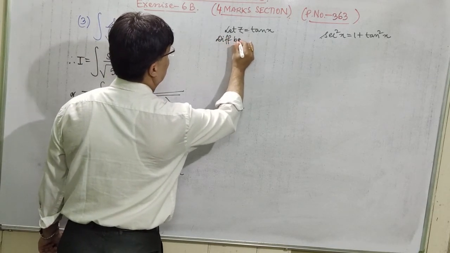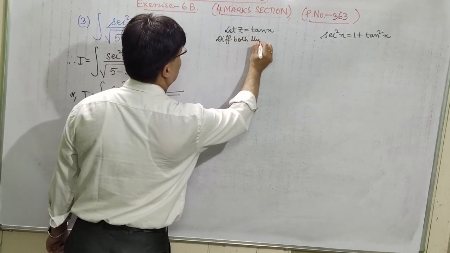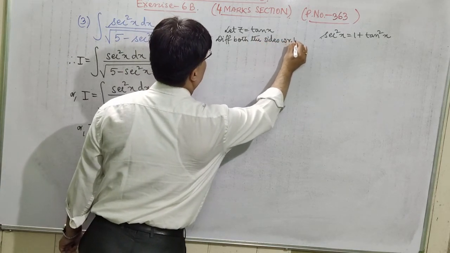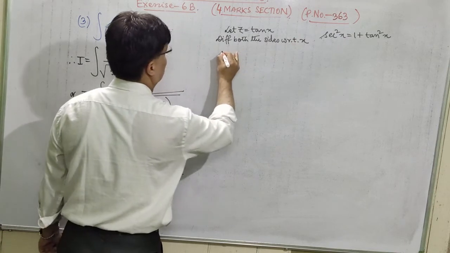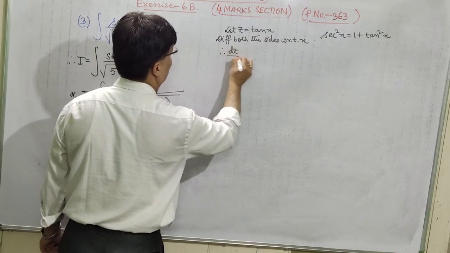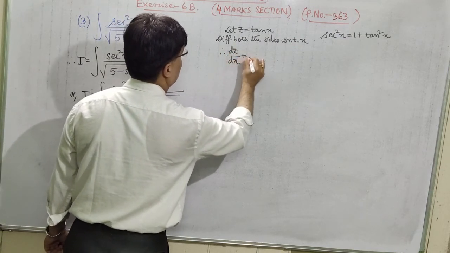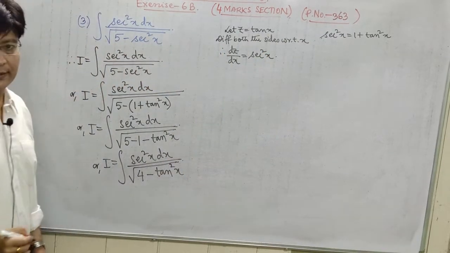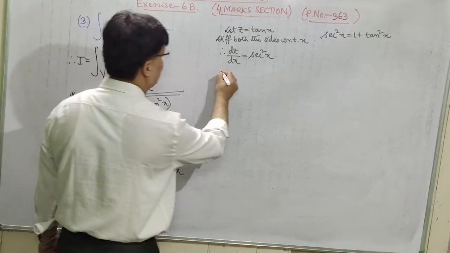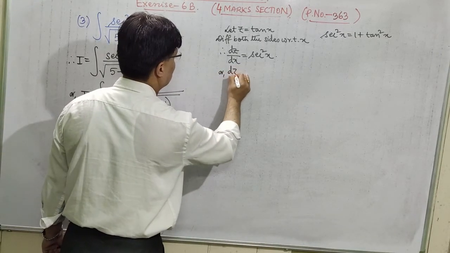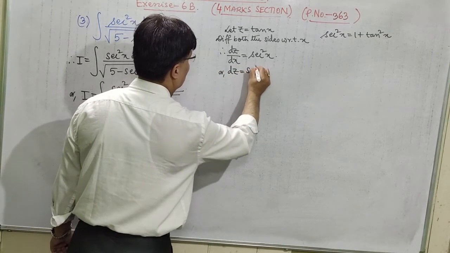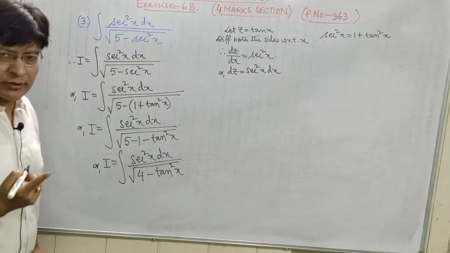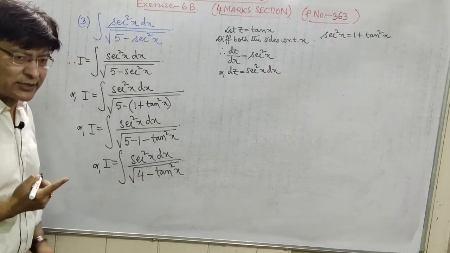So differentiating both the sides with respect to x, therefore dz by dx is equal to, how much is it? It is sec square x. Okay, now cross multiply, or dz is equal to sec square x dx. So we have got the value for dz, which is equal to sec square x dx.